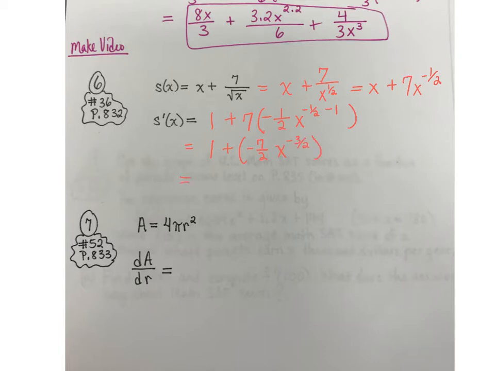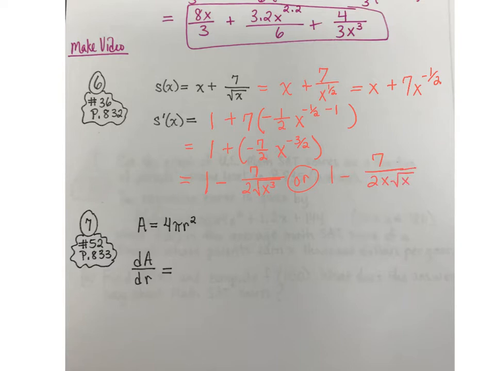Well, we can rewrite that as 1 minus 7 over 2 times the square root of x cubed, or we can write that as 1 minus 7 divided by 2x times the square root of x.